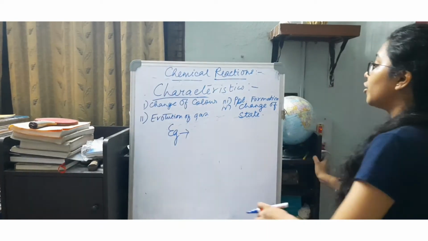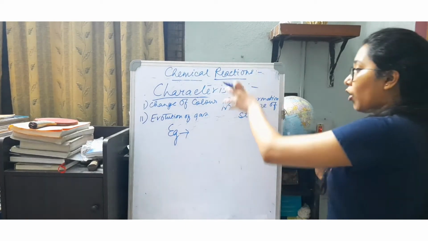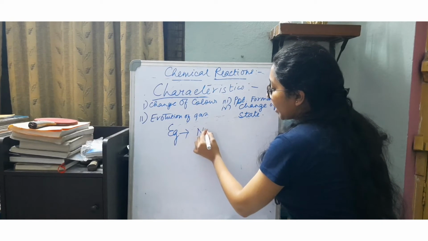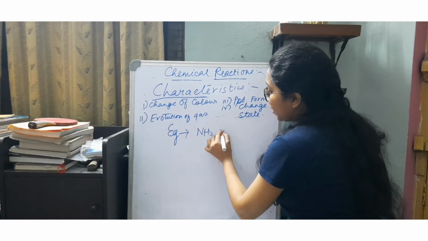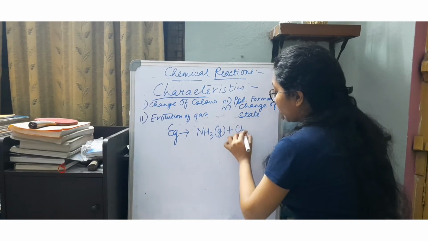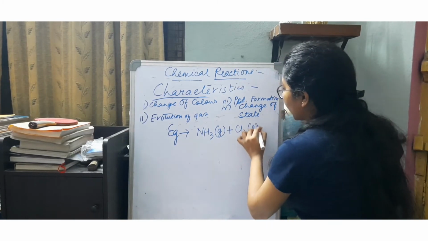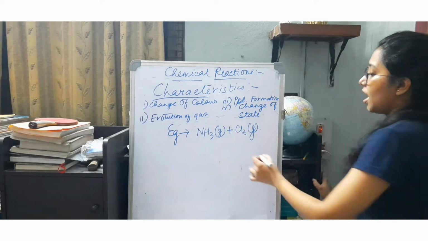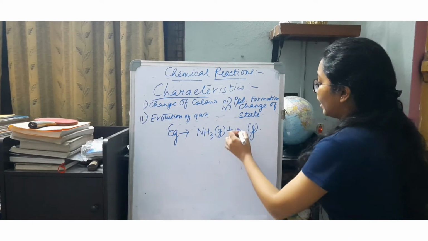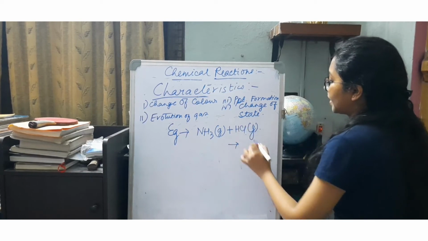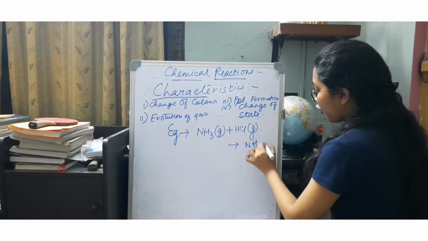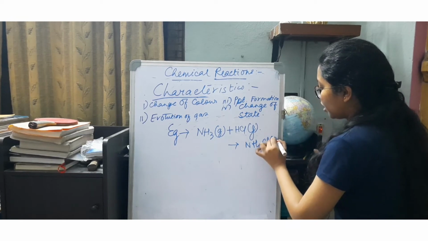Now the change of state, when two particular molecules combine together. If we see the most common example, NH3 is a gas reacting with HCl, which is also a gas, and both of them upon reaction together form NH4Cl, which is a solid.